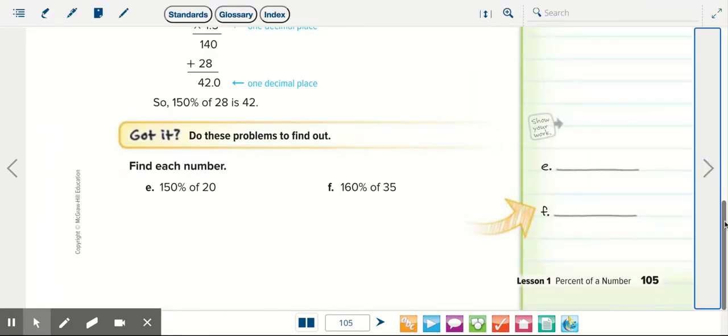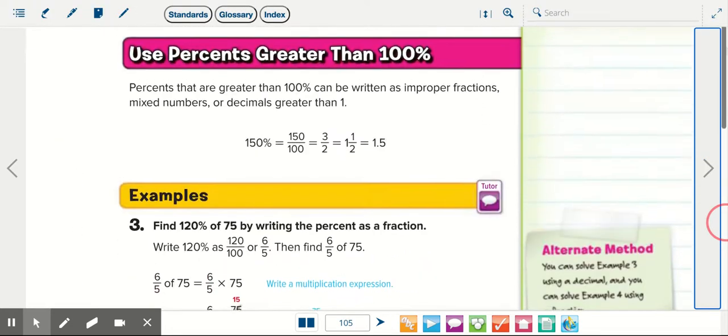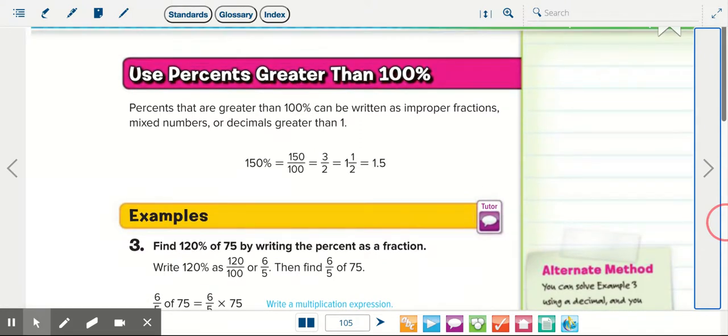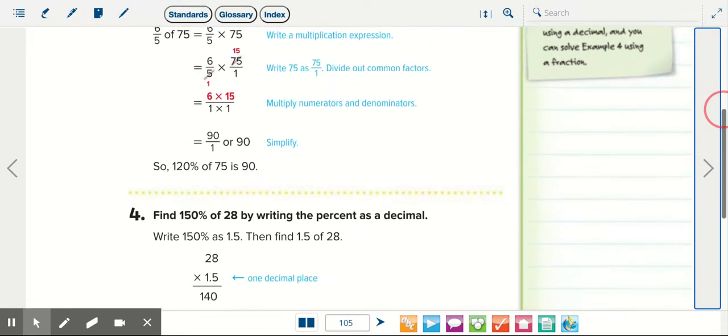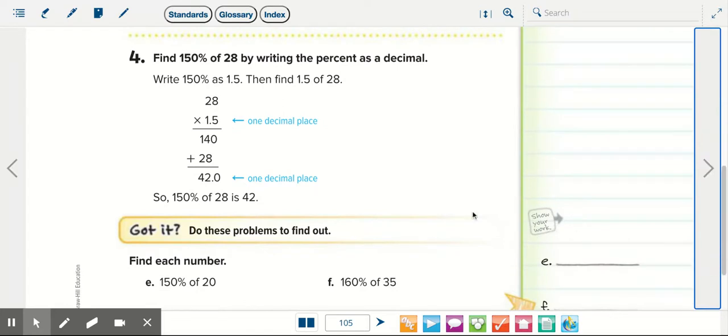So what happens when we have a percent that's over 100%? So when we have greater than 100%. Well, let's go ahead and try. We're still going to do it the exact same way. But here I have find 150% of 28.